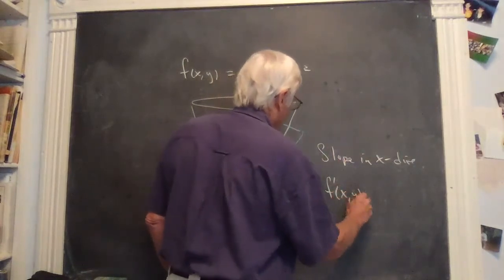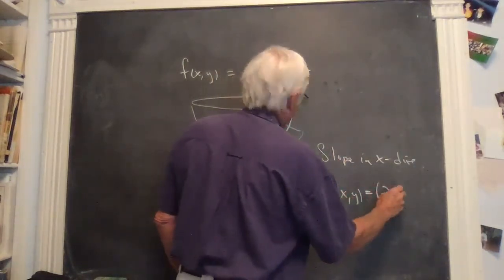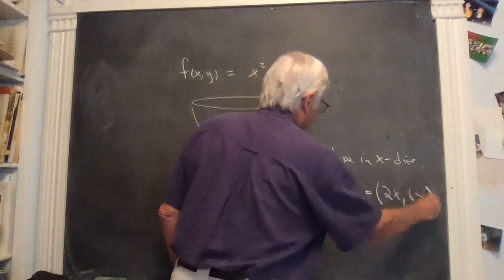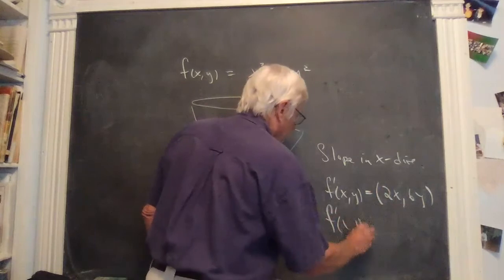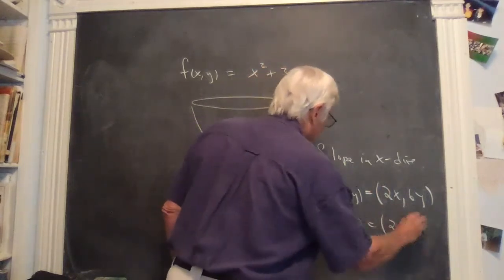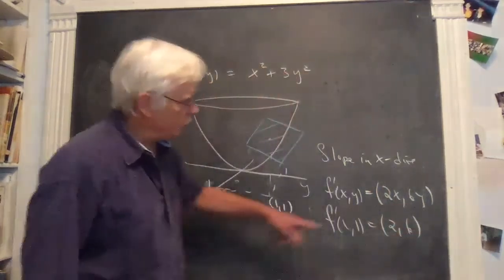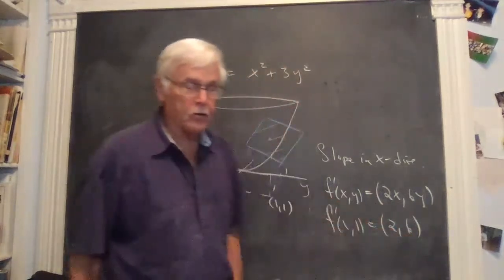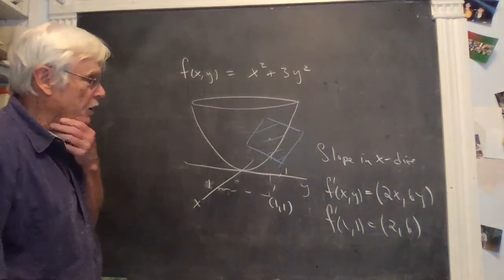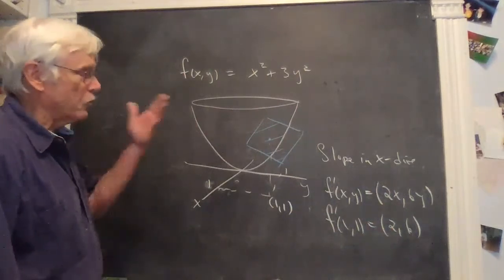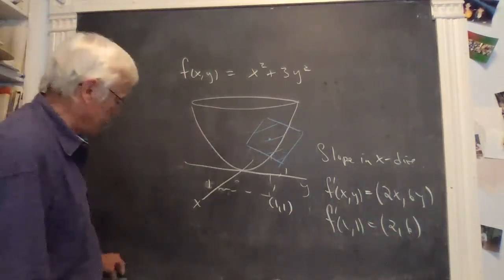So f prime of x and y is equal to 2x, 6y. So f prime of 1, 1 is 2, 6. The slope in the x direction is 2. The slope in the y direction is 6. And so it's easy to get the tangent plane.